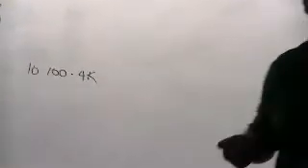So there would be 10 indirect blocks. Then each indirect block would have how many addresses? 100. So 10 times 100 times 4K. So suddenly, I've now got 4 megs by using this idea of an indirect block.